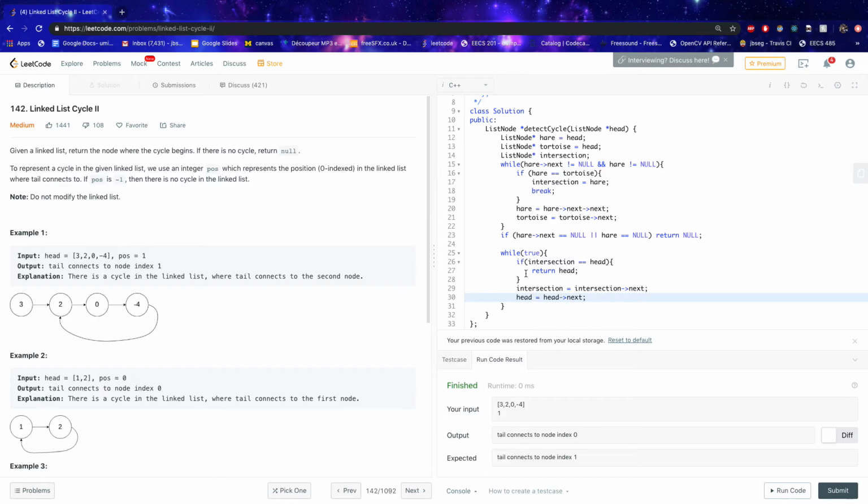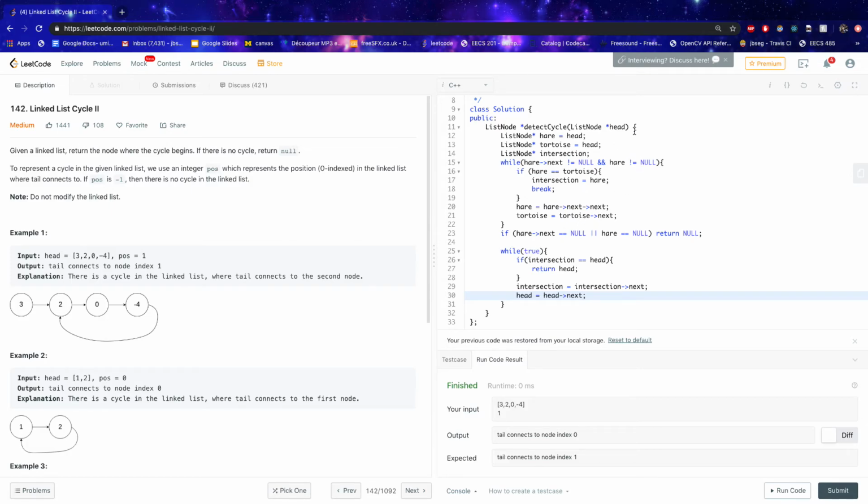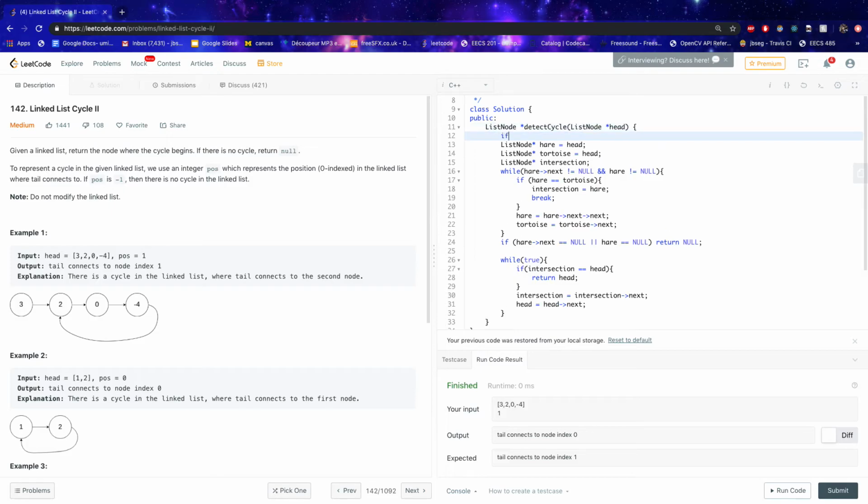So I did get this far, but they always like to throw this edge case, so it's always good to do this equals null, return null.